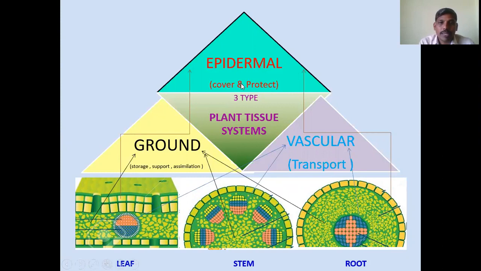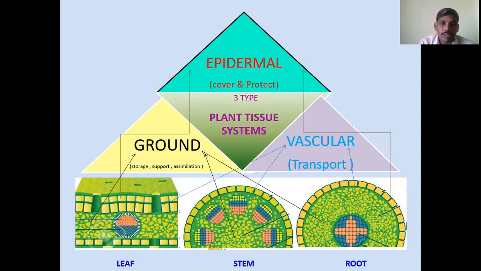One is the epidermal tissue system, another is the ground tissue system, and the third is the vascular tissue system. These three types of tissue systems make up the entire plant body and perform different types of functions.